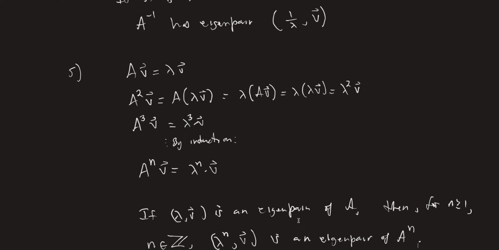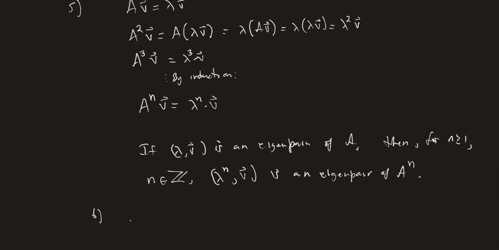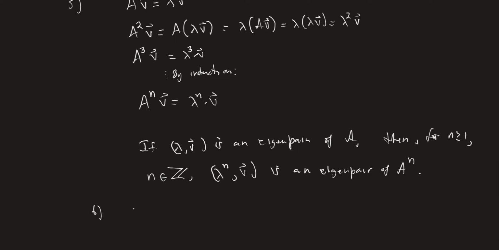And there are lots of other properties. I'll just mention some that I'm not really going to write down. In fact, let me, yeah, I will write it down, but I'm not going to give a proof for this one. The trace of your matrix is the sum of the eigenvalues.